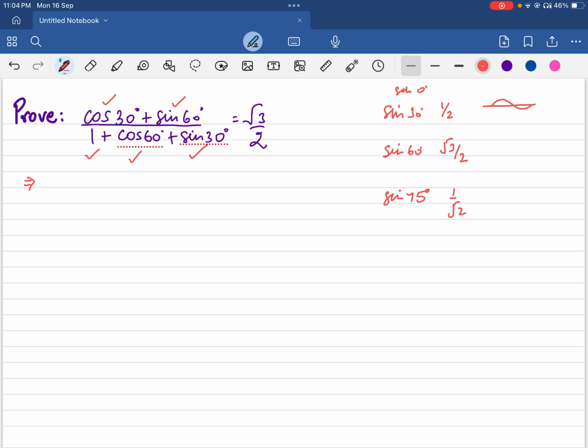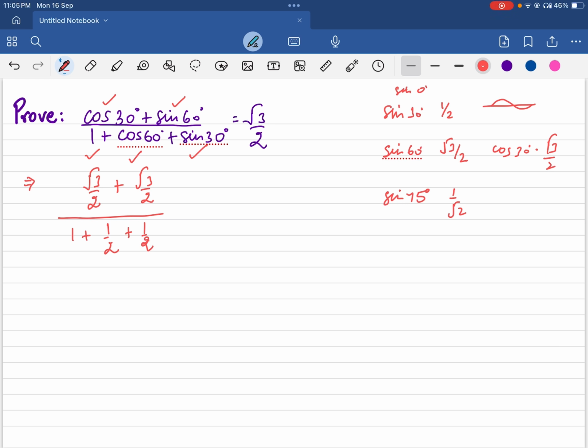Okay, so we need to find out cos 30. Cos of 30 degrees would be root 3 by 2 only. So I'll put root 3 by 2, and then plus sine 60, which is again root 3 by 2, over 1 plus cos 60. Cos 60 was 1 by 2, guys, and then plus sine 30 was 1 by 2.